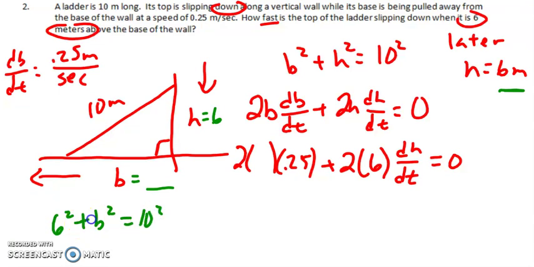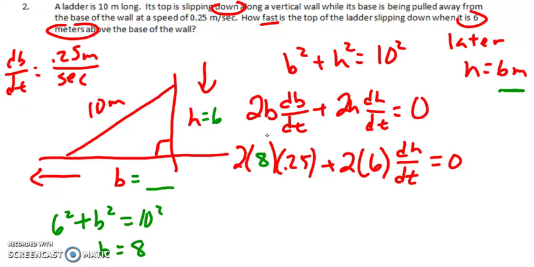Hopefully you recall from geometry, this is simply a 3, 4, 5 triple. If not, go ahead and work through the Pythagorean theorem to find your B value of 8.